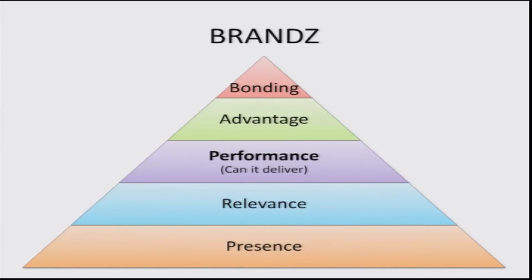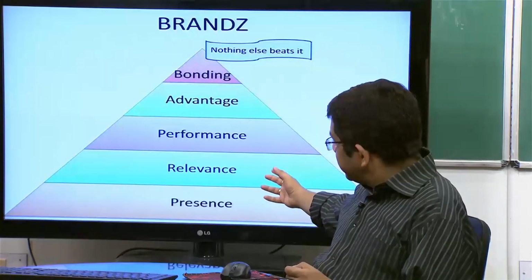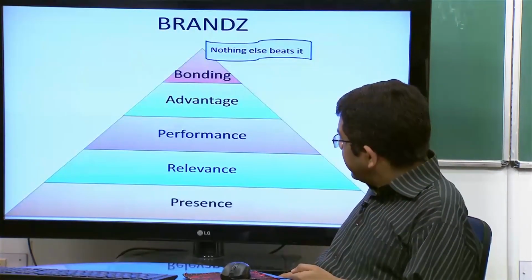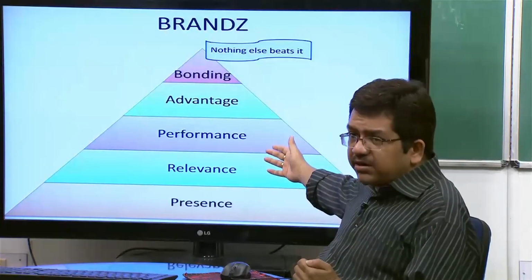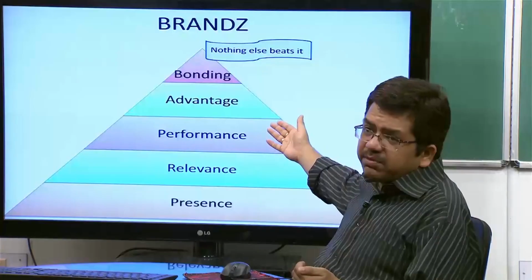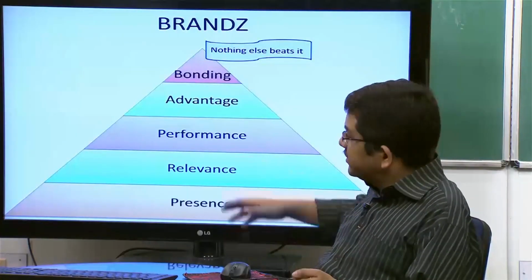Now you will see that one thing which exists here is that as a marketeer you can use this tool to see basically what is the state of your brand: among existing customers, how many know about your brand, how many feel that your brand is relevant to them, and then on performance, advantage and bonding.